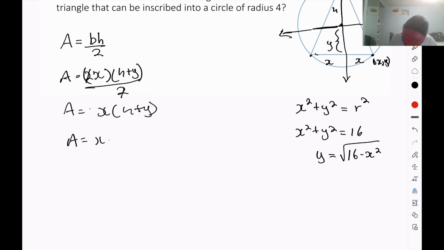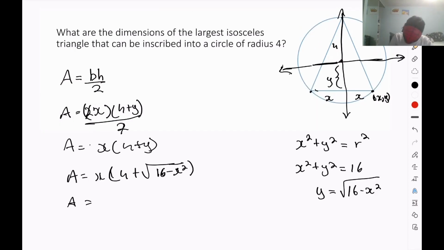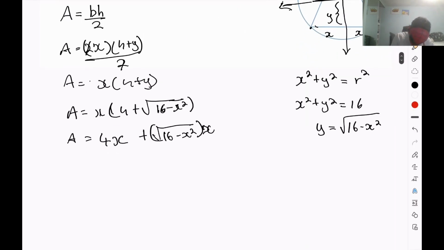Area is equal to x times (4 plus the square root of 16 minus x squared). Expand this first, so it would be 4x plus the square root of 16 minus x squared, times x. So with that in mind, let us differentiate.